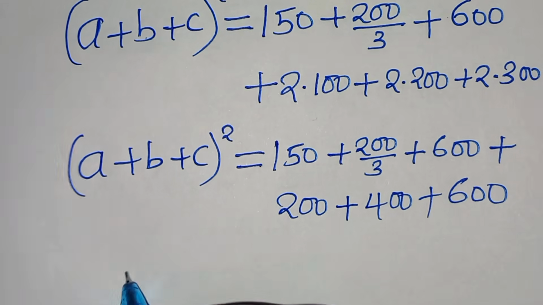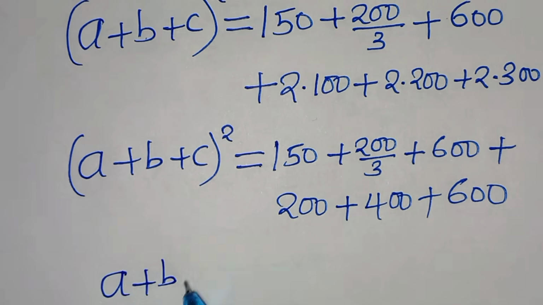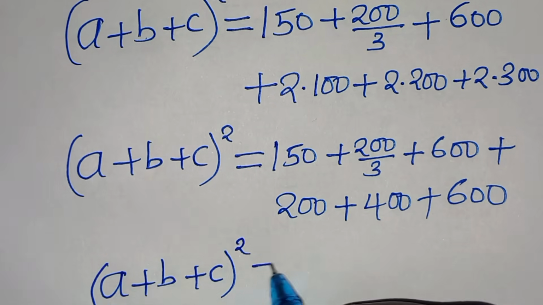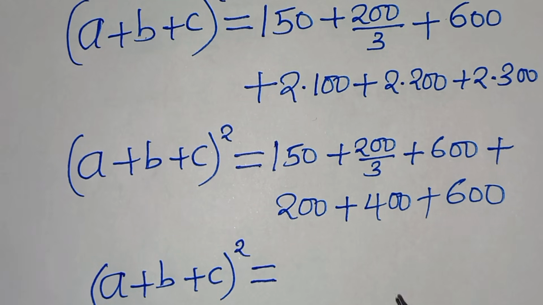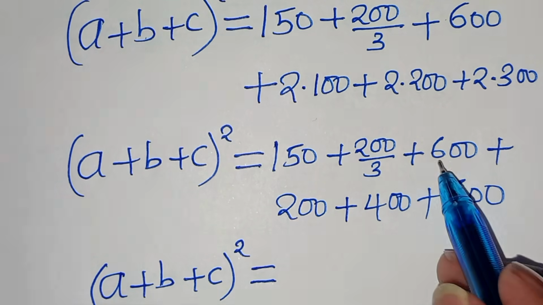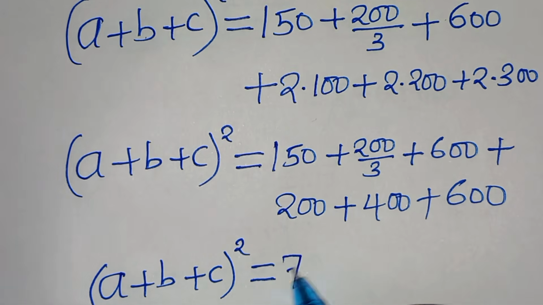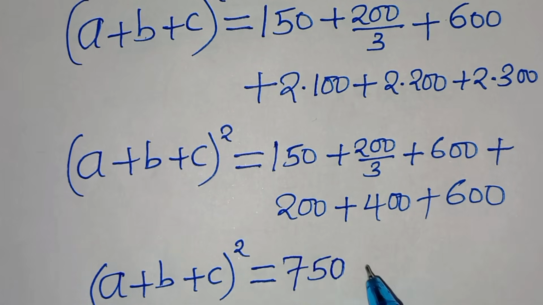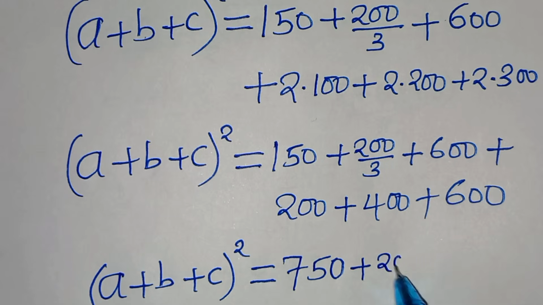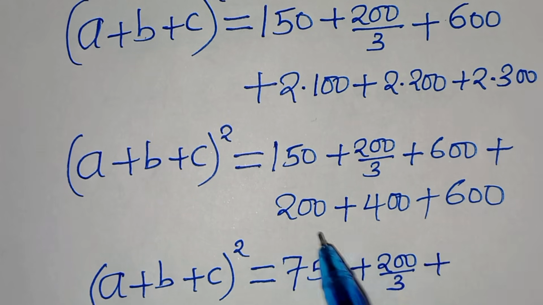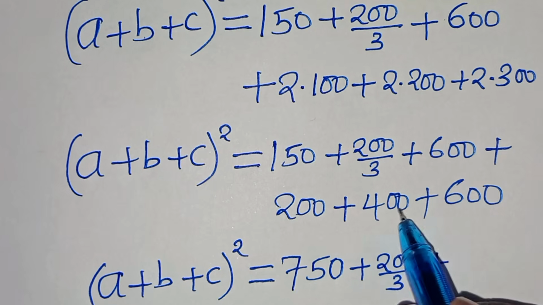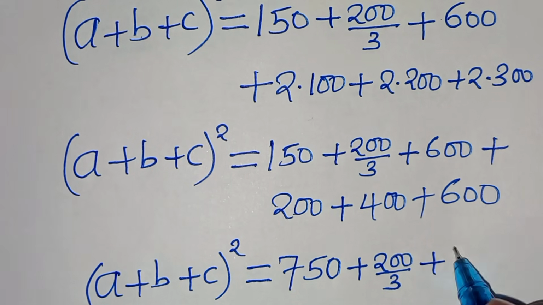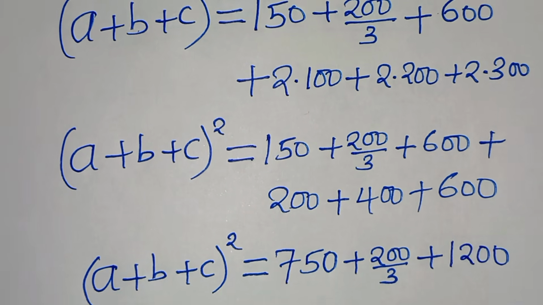So this implies that a plus b plus c raised to the power of 2 is equal to, now we have 150 plus 600, this is 750, then plus 200 over 3, then plus 200 plus 400 plus 600, this is 1200.